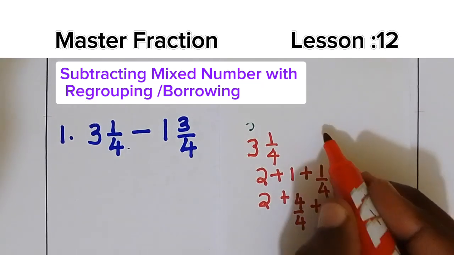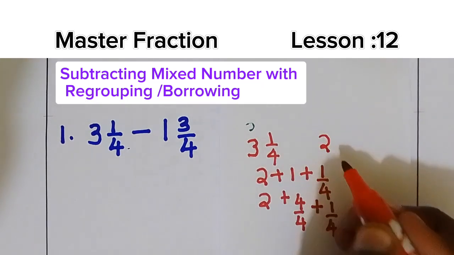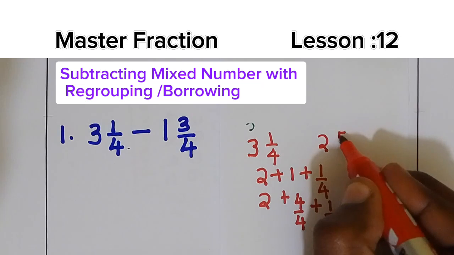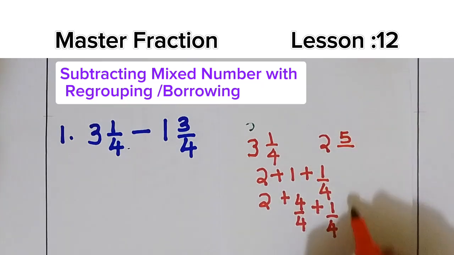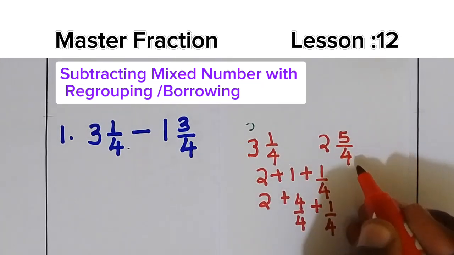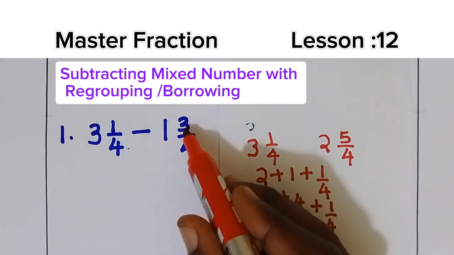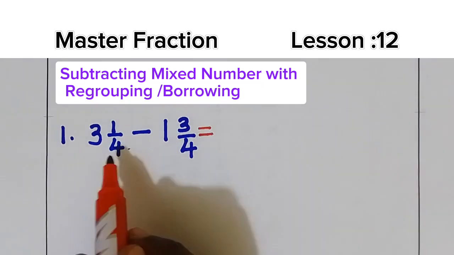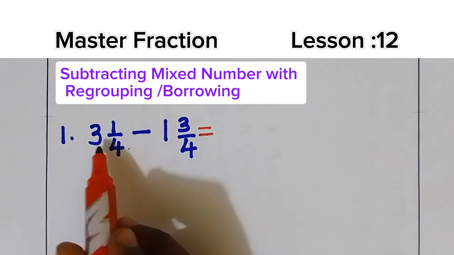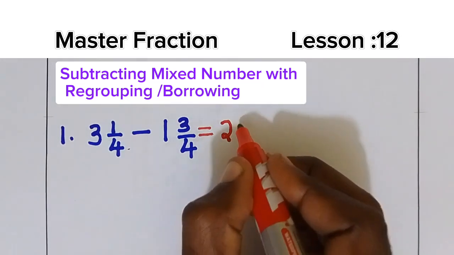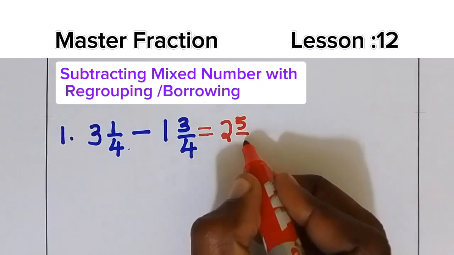This is going to be 2 whole numbers, but 4 over 4 plus 1 over 4, I'm going to take 4 plus 1, which is 5, over the same denominator, 4. So now 5 over 4 can take away 3 over 4. As we have seen already, 3, 1 over 4 is the same as 2, 5 over 4.